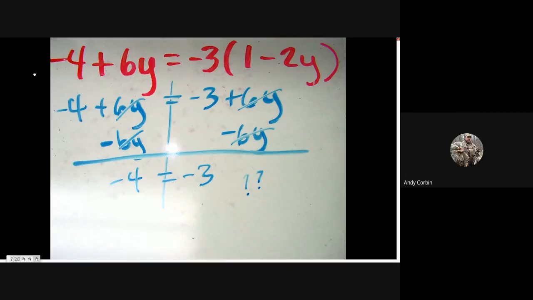Okay, now, what's different from this one than the other two I showed you that were identities? This one has two different numbers. Okay, so negative 4 is equal to negative 3? Did you get something that's true or something that's never true? Something that's not true.